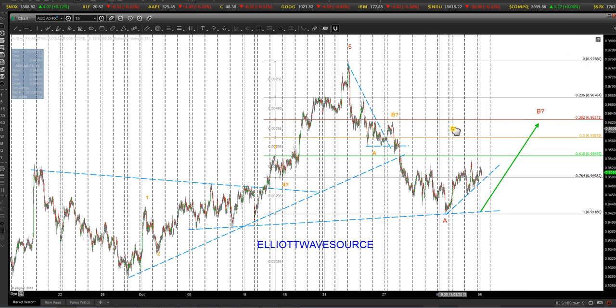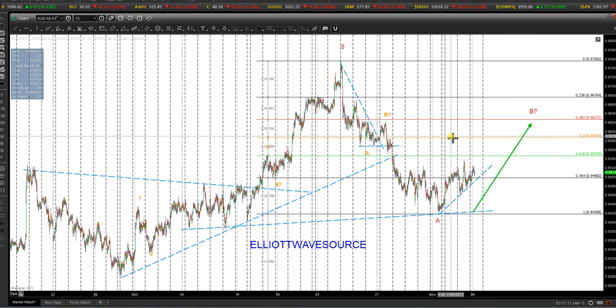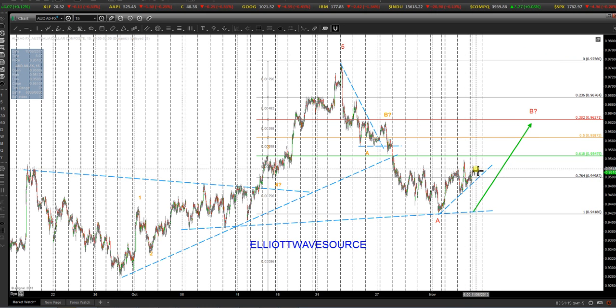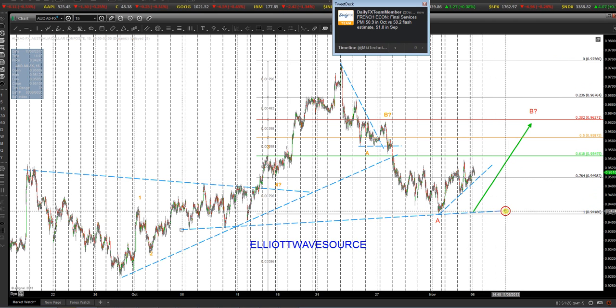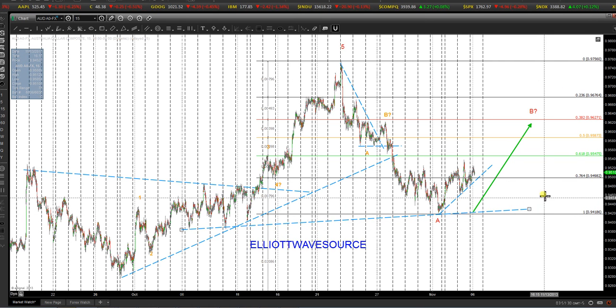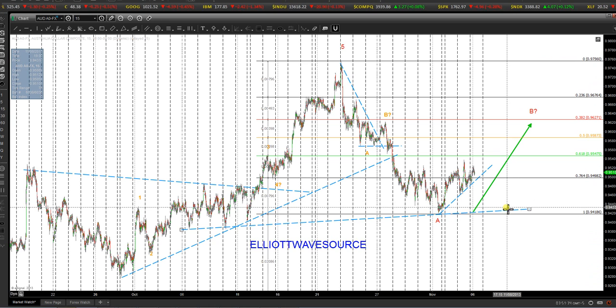Now, I don't like trading B waves unless they look very attractive, and at this point it looks somewhat attractive in that we will have a good stop loss on it. A break below this ascending trend line will just signal for us to get out, as we could see it push much lower towards this ascending trend line right here, which would be at 94.3. So it could push much lower. Right now it's at 95.1.